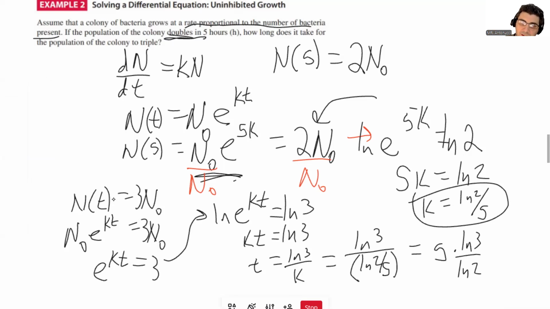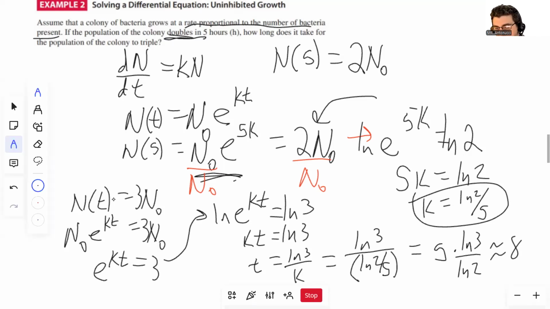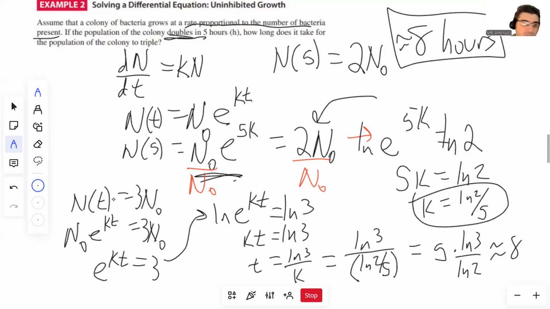You can't write this as natural log of 3 minus 2 or cancel the natural log symbols. It's just 5 times the natural log of 3 over the natural log of 2. And if you dump that into your calculator or Desmos, you're going to get that that's about equal to 8. So it's going to take about 8 hours for the population to triple.